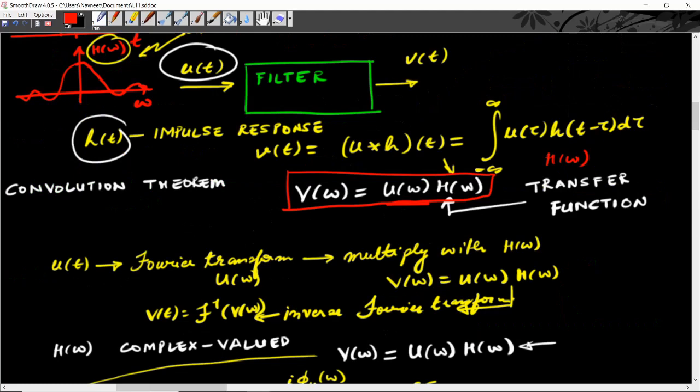Finally, to summarize, in this lecture we've seen that filtering can be thought of as convolution of the input signal with the impulse response function of the filter. Alternatively, this means that filtering is essentially multiplication in frequency domain, because from the convolution theorem we know that convolution in time domain is equivalent to multiplication in frequency domain.